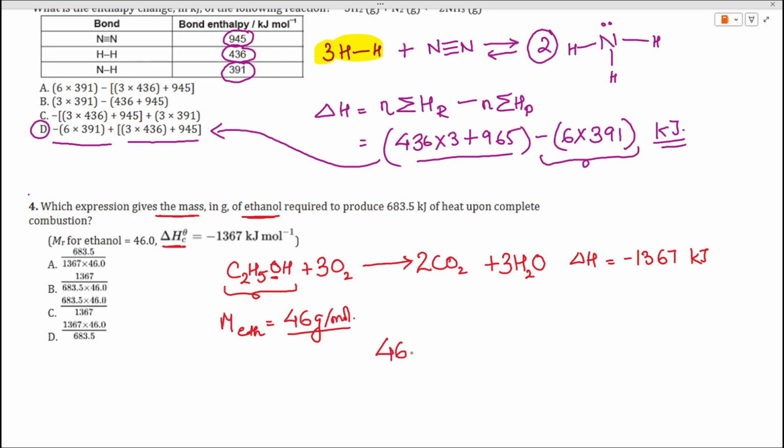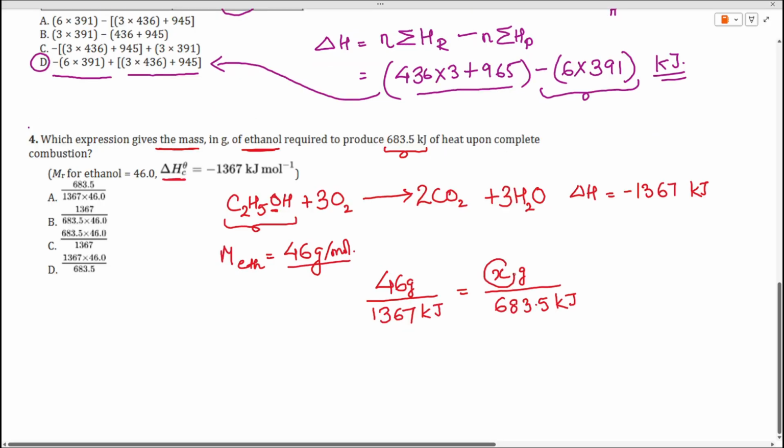Now 46 grams of ethanol produces 1367 kilojoules of energy. We have been asked how much mass will produce this much kilojoules. So the mass is x grams and the energy proportionally is 683.5 kilojoules.